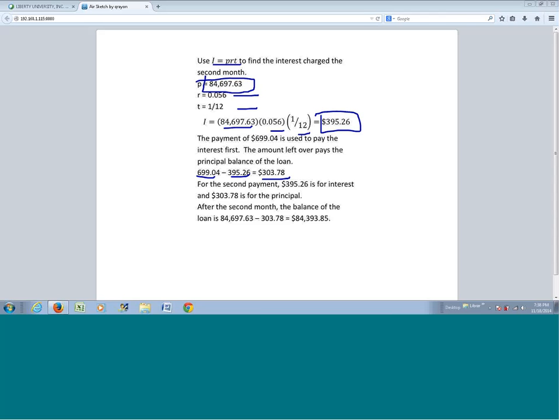So going into the second month, you owe $84,697.63, and then your payment lowered it by $303.78. So now you owe $84,393.85. This is the new balance after the second payment. That is now your new balance of the loan.